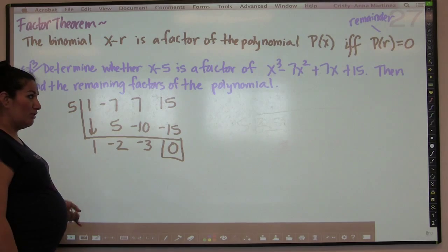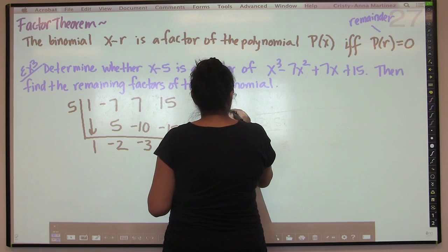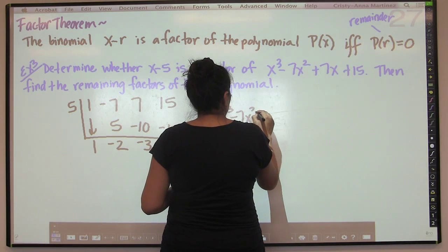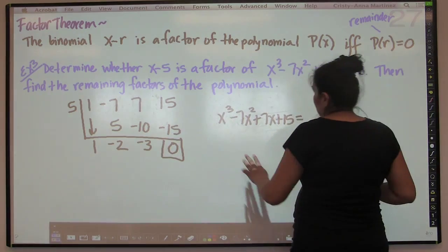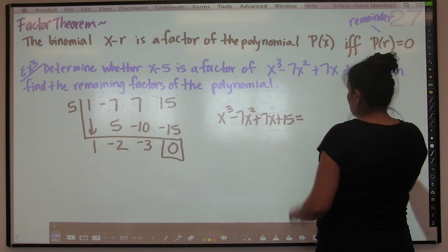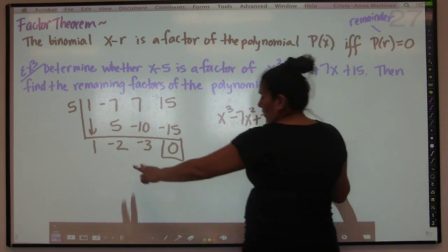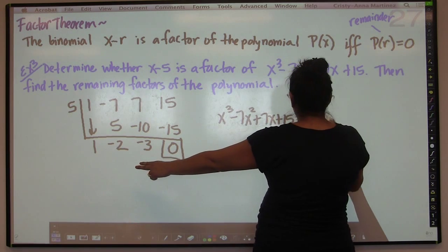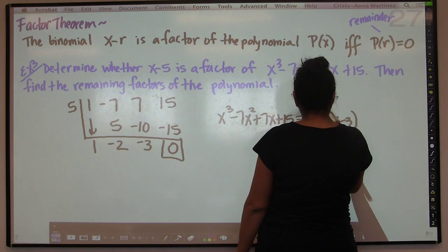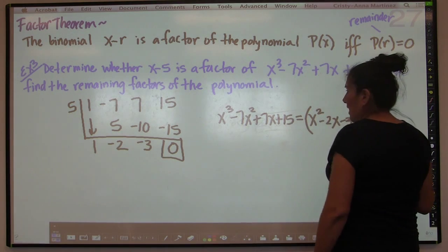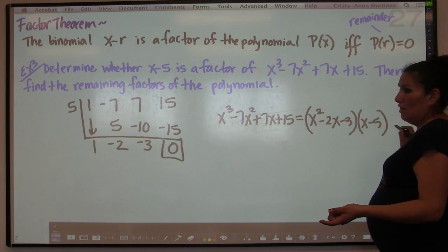Now using the remainder theorem, which we talked about earlier, the original polynomial, which is what we call the dividend, is equivalent to the quotient, the answer, which is right here: x squared minus 2x minus 3, multiplied by the divisor, which was x minus 5, and then you add the remainder.